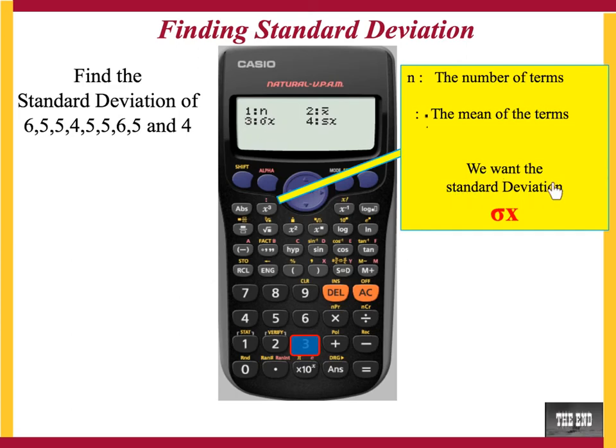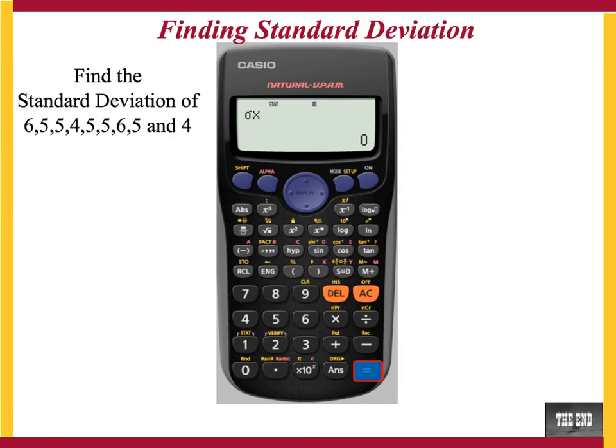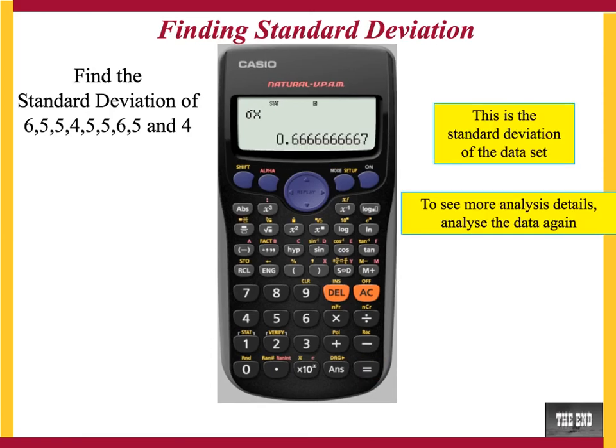So we want standard deviation, so we press number 3, and the standard deviation symbol should show up and a 0, and we need to press equals. And 0.6666667 shows up on the screen, and this is the standard deviation of the data set.